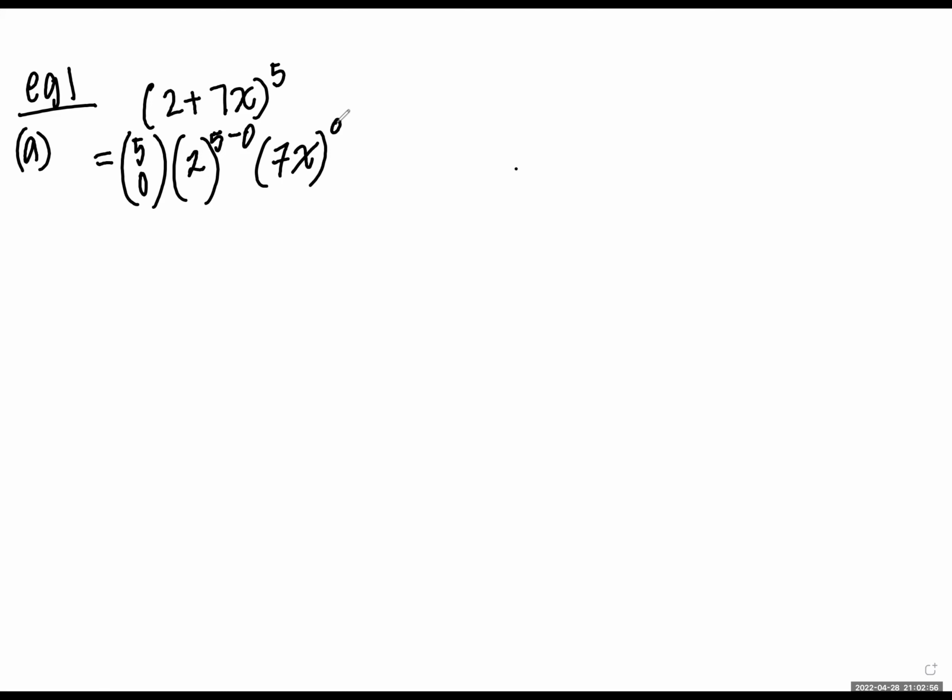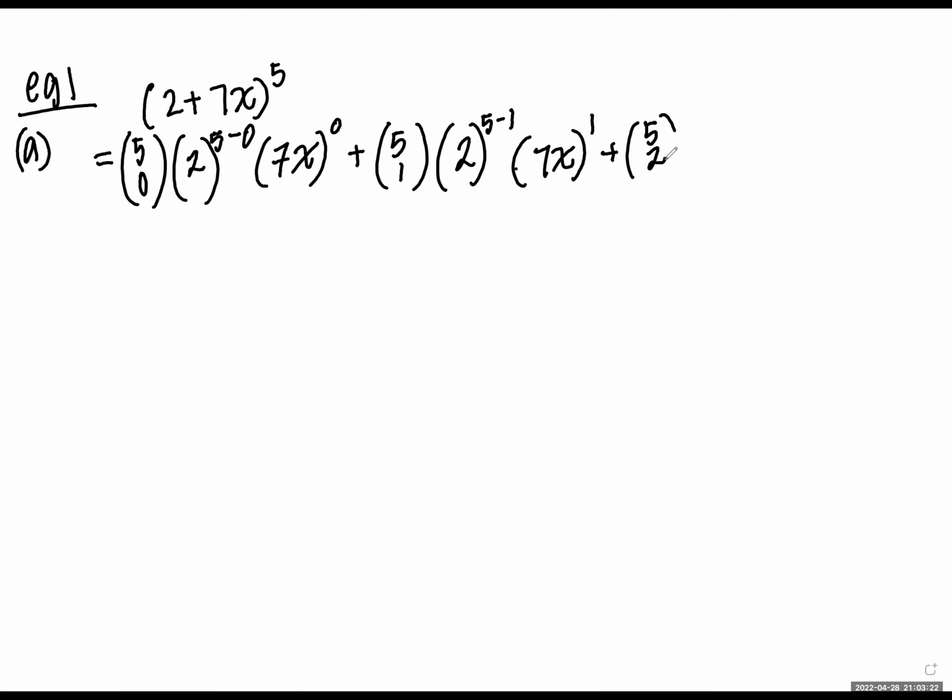Okay, next, plus open bracket 5 choose 1, close bracket, open bracket 2, close bracket, 5 minus 1, open bracket 7x, close bracket, 1. Plus open bracket 5 choose 2, close bracket, open bracket 2, close bracket, 5 minus 2, open bracket 7x, close bracket, 2.